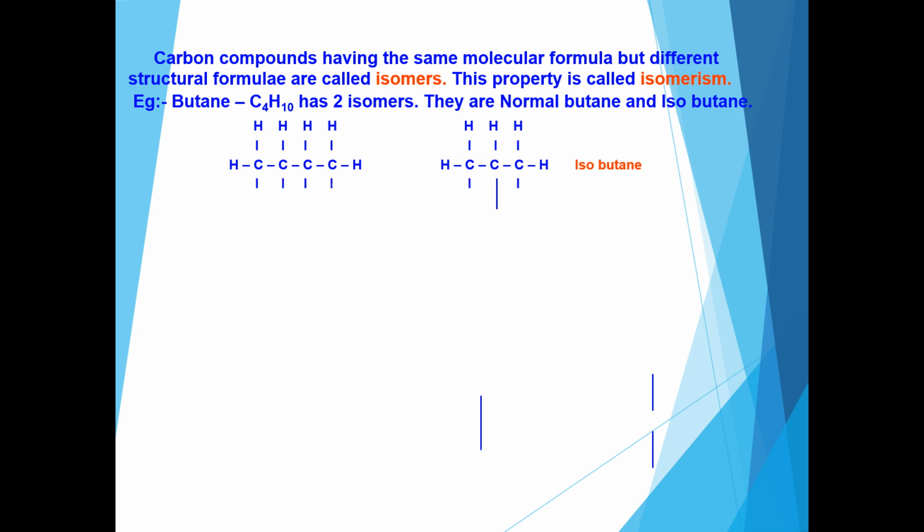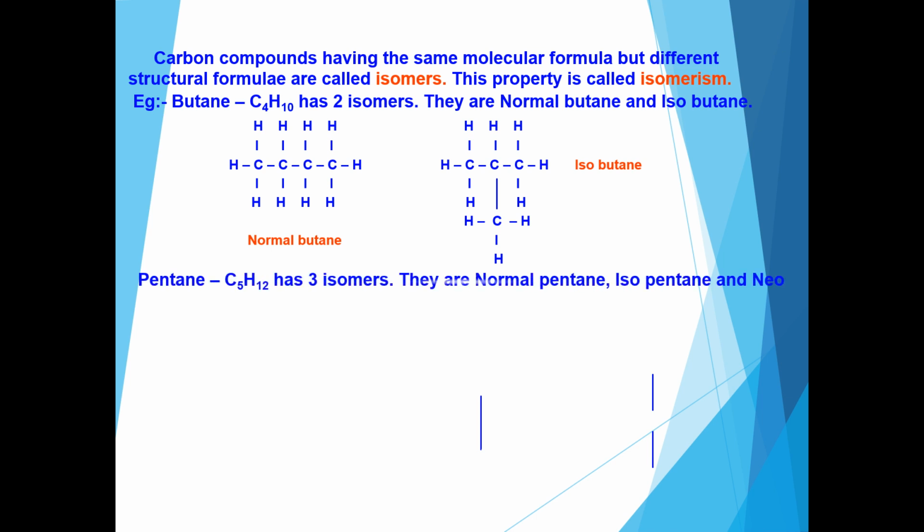For example, butane having the formula C4H10 has two isomers. They are normal butane, as you can look at the picture, with 4 carbon atoms and 10 hydrogens. Its structure is shown. And the second one is isobutane. In isobutane, 3 carbon atoms are attached to each other in a straight chain and the fourth one is branched.